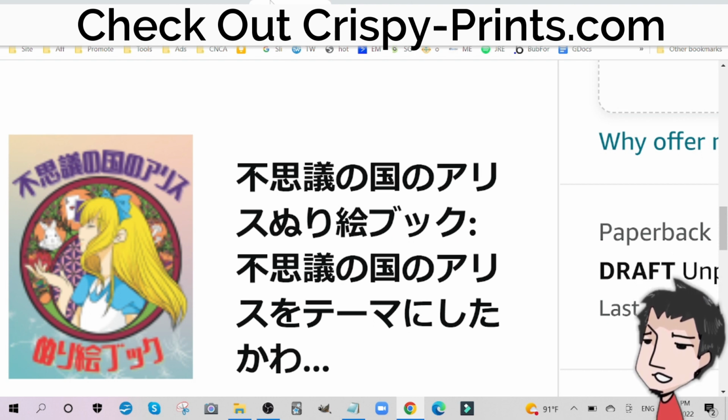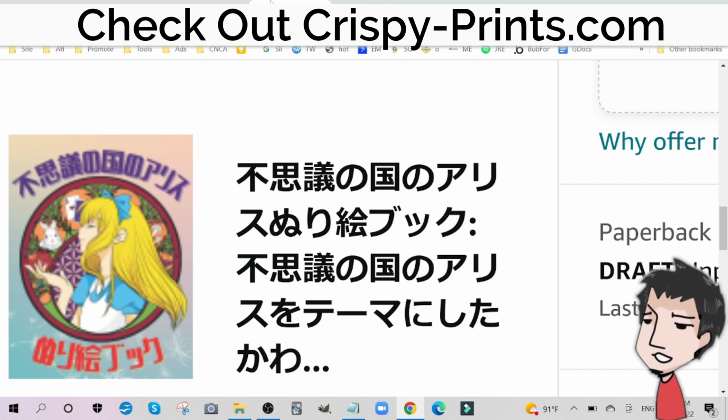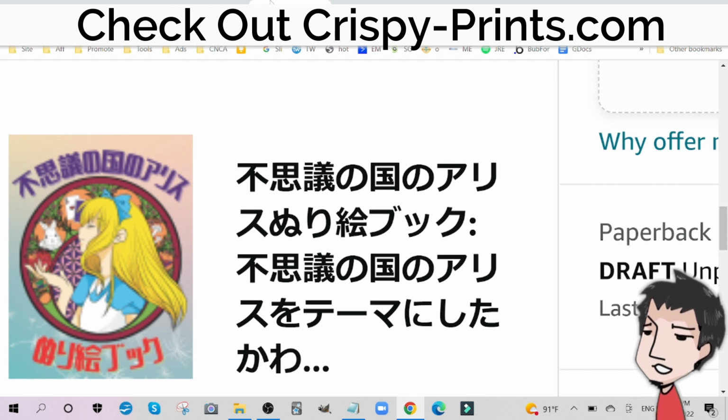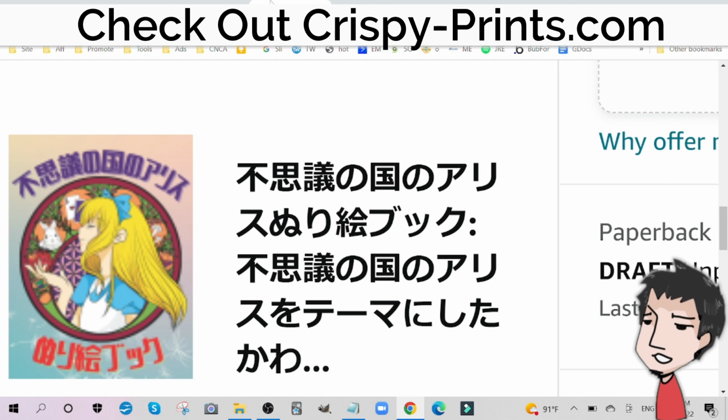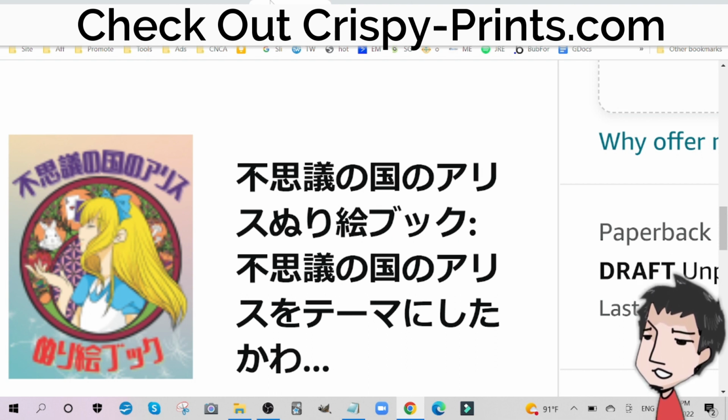And they will look for anything that might even resemble infringement, and they will make claims against you. Now, Amazon is not gonna do battle with Disney just for you, the little publisher out there. So they're gonna side with them, and they're gonna ask you to remove your work.